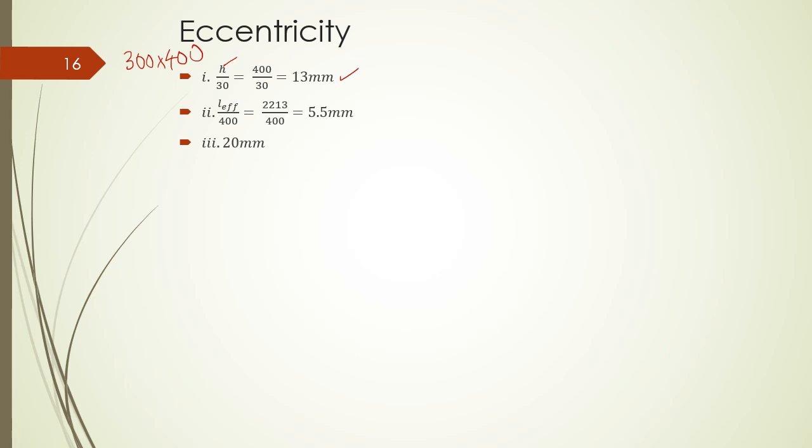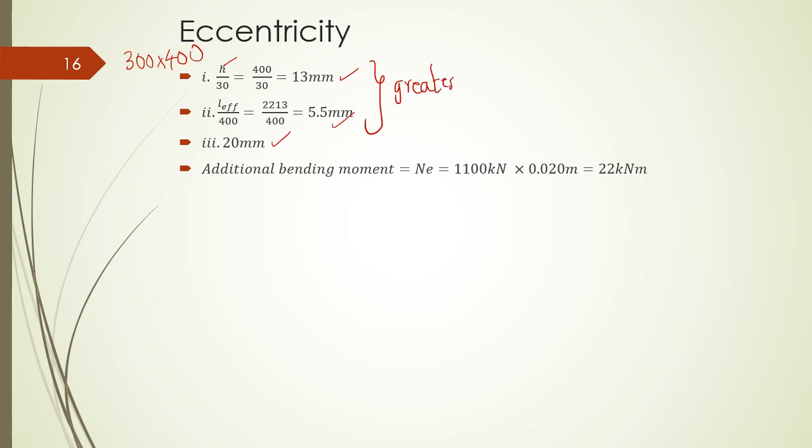For the effective height, 2213 over 400 is 5.5, and the third is 20 millimeters. To get the additional bending moment, we pick the greatest of these three, which in our case happens to be 20 millimeters, and we multiply this greatest eccentricity with the applied axial load to get an additional moment. So in our case, 22 kilonewton meter.